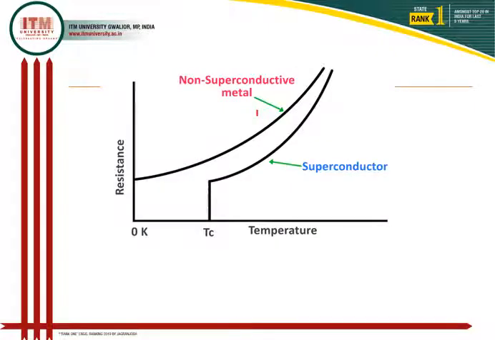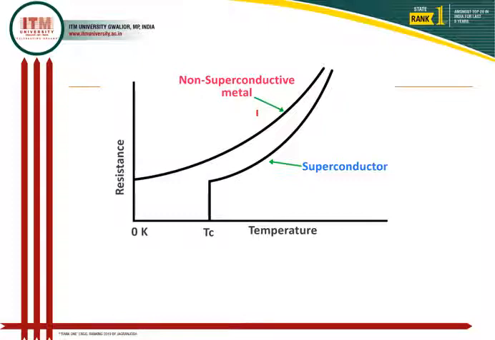Now you can go through these two graphs. Superconductors and semiconductors. These are other graphs and the materials with resistance.